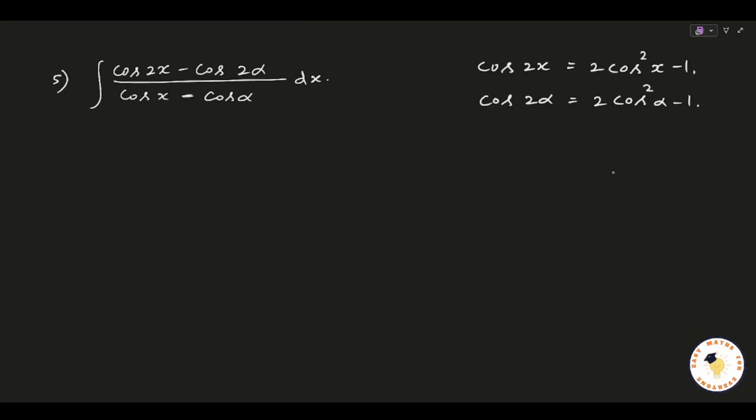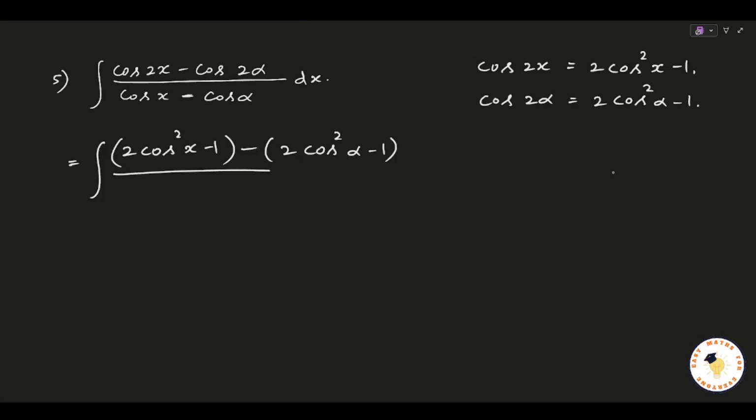Using these two values for cos 2x and cos 2 alpha, we can rewrite this integral as 2 cos square x minus 1 minus 2 cos square alpha minus 1 divided by cos x minus cos alpha into dx.